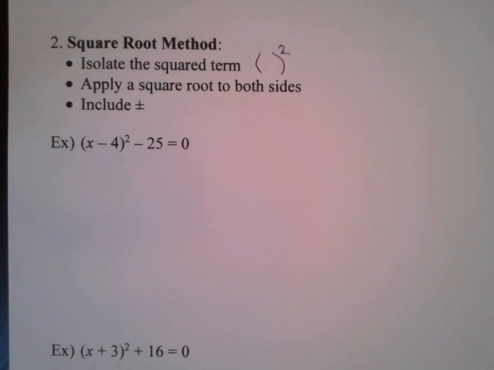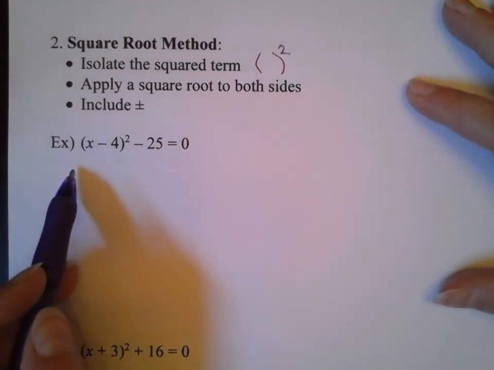And then, because we want to remove the square or the exponent, we're going to apply a square root to both sides. Right? A square and a square root are opposite operations, so they cancel each other out. Anytime there's not a square root, but we put in the square root, we need to include a plus or minus so that we get all the possible solutions.